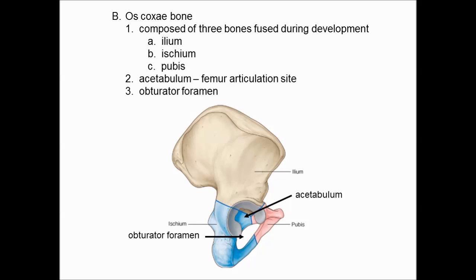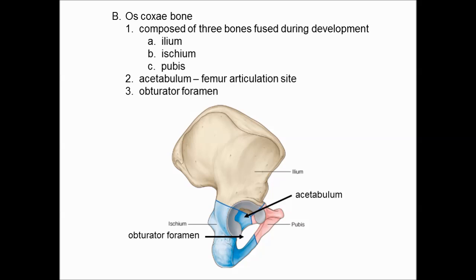Interestingly, the os coxal bone developmentally begins as 3 different parts, and we still talk about these parts as far as naming not only the bone, but the structures within it.